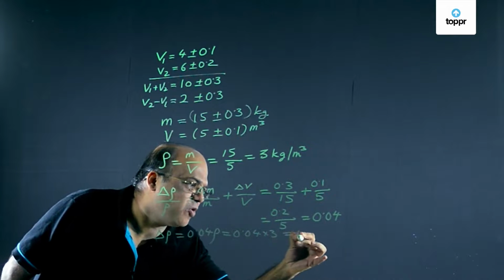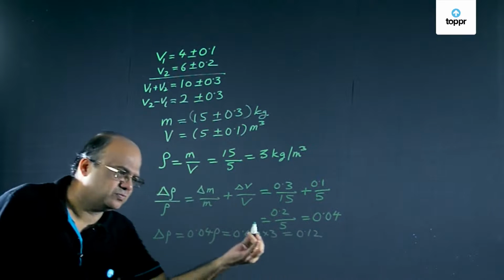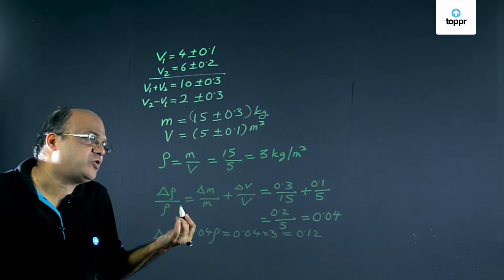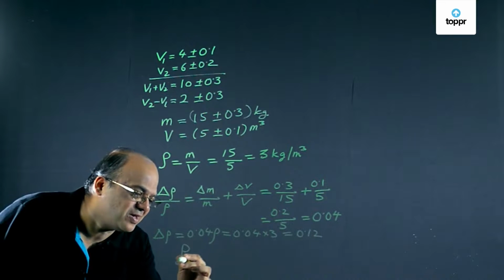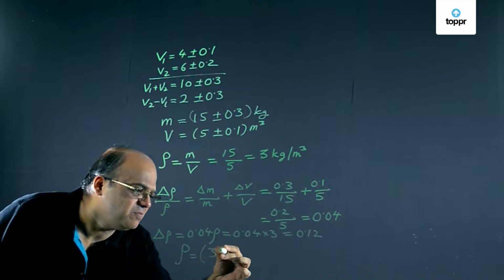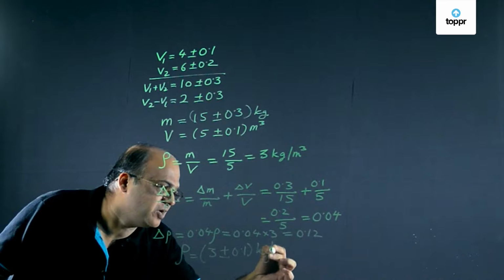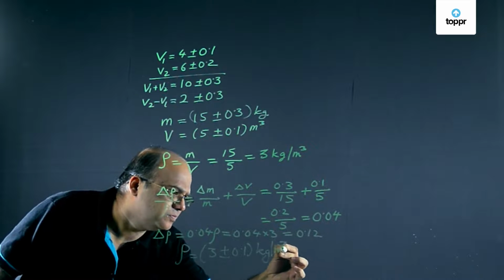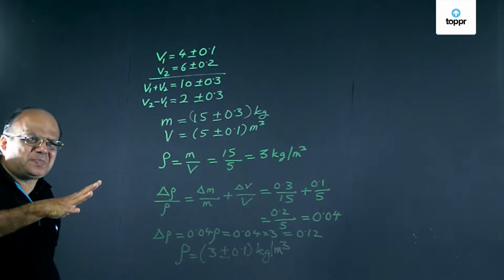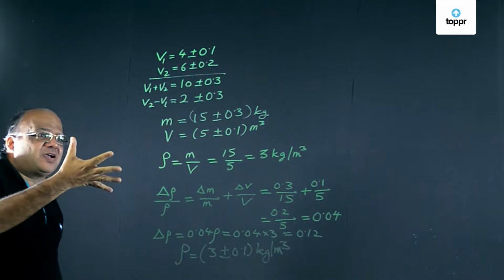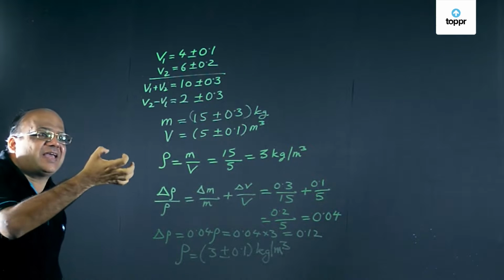So we get 0.12. We can round off to one decimal place. So error in density is 0.1. Therefore density we can write as 3 plus minus 0.1 kg per meter cube. So this is a problem where we have handled errors in division.